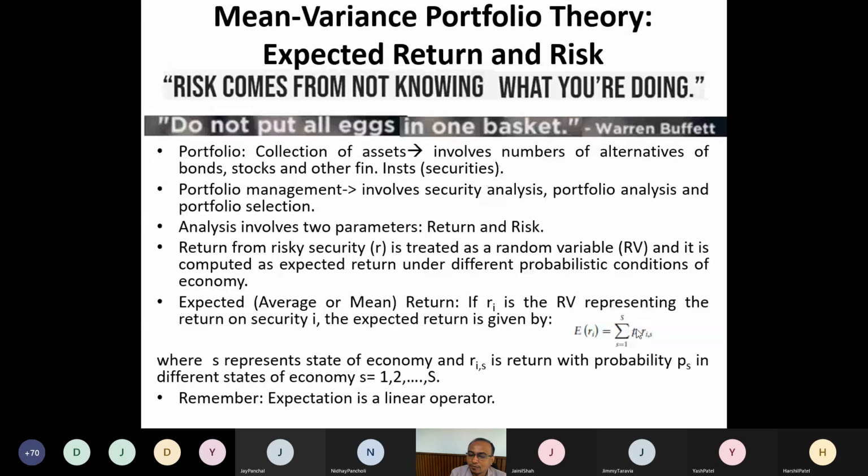It is sigma s equal to 1 to capital S, PS into RIS, where RIS is the return of security I in state of economy S. So the return of this stock will also change depending on the state of the economy. That's why it is a risky security. If it is a booming phase, companies are performing well. Some sectors, let's say the IT sector, are in a boom phase.